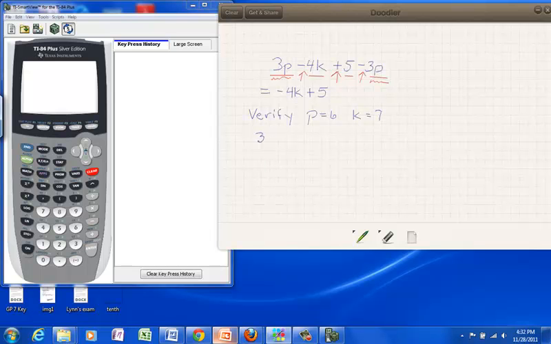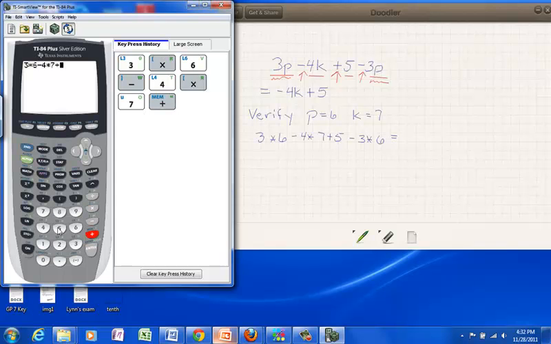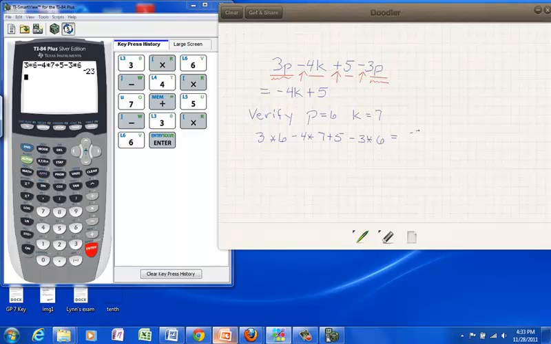So in the original expression, I get negative 23.